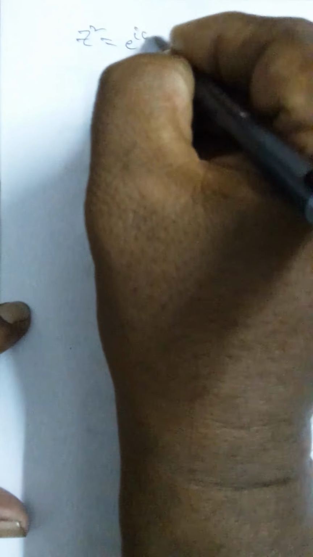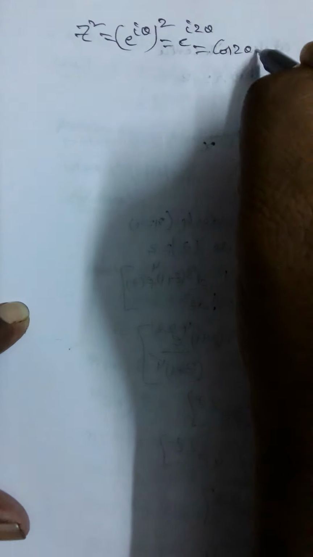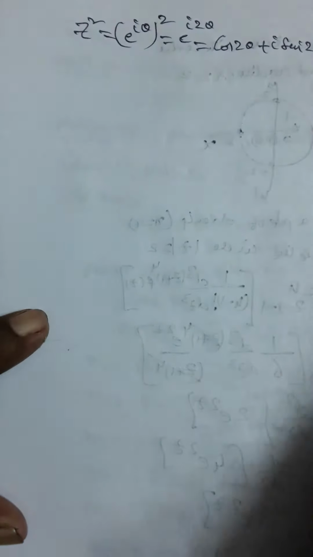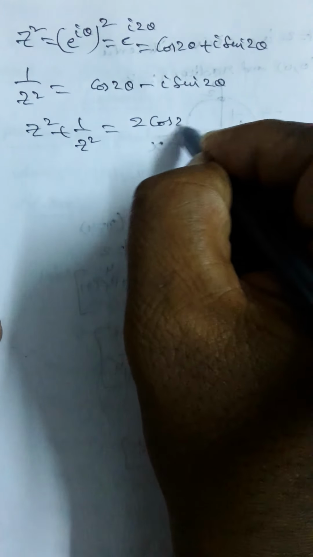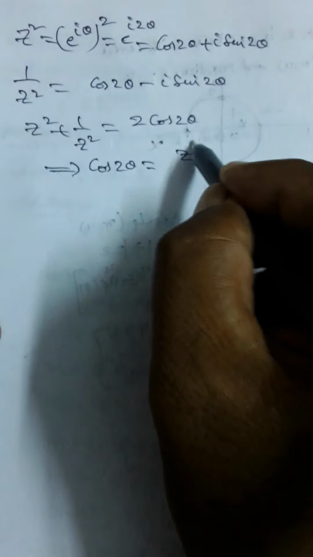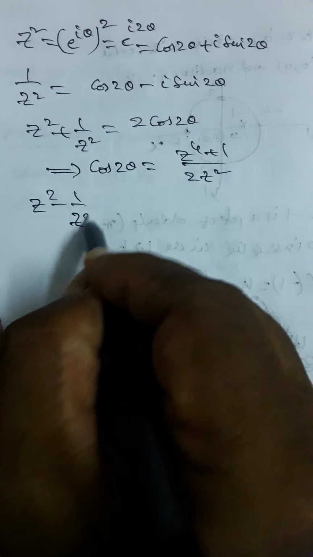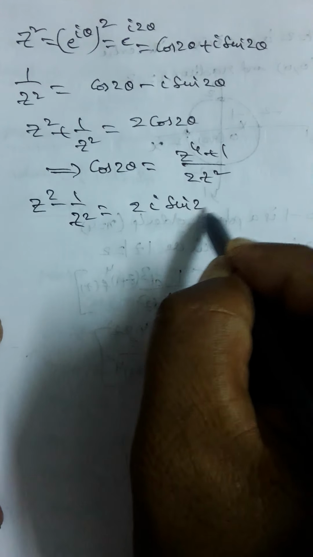z^2 = (e^(iθ))^2 = e^(i2θ) = cos 2θ + i sin 2θ. And 1/z^2 = cos 2θ - i sin 2θ. Adding, z^2 + 1/z^2 = 2 cos 2θ. From this, cos 2θ = (z^4+1)/(2z^2), taking the LCM. Subtracting, z^2 - 1/z^2 = 2i sin 2θ.